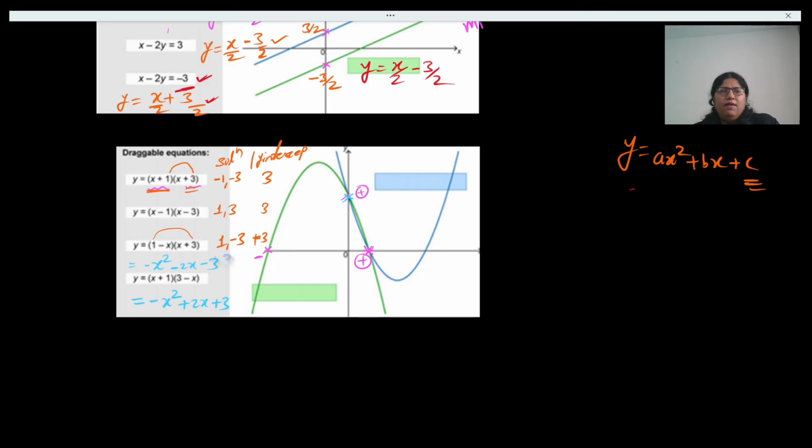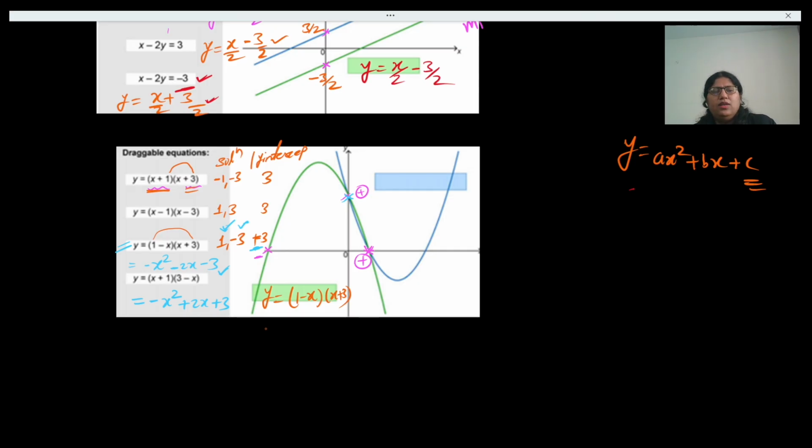Now which solution is going to fit here? If you see this one, the y-intercept is positive 3 and it is a downward parabola. One of the roots is positive, the other is negative. So this is going to be the green color parabola, the downward parabola solution: y equals (1 minus x)(x plus 3).